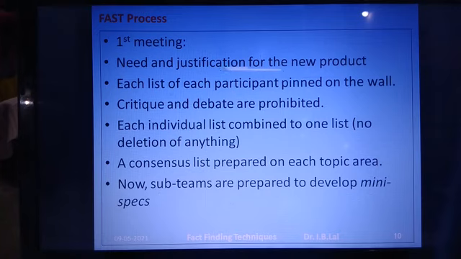Once the consensus list has been completed, the entire team is divided into a number of smaller sub-teams.